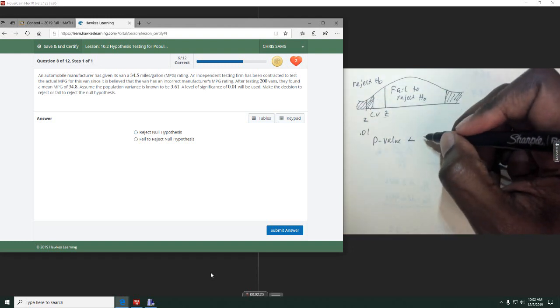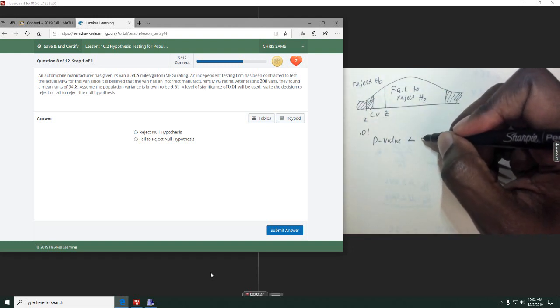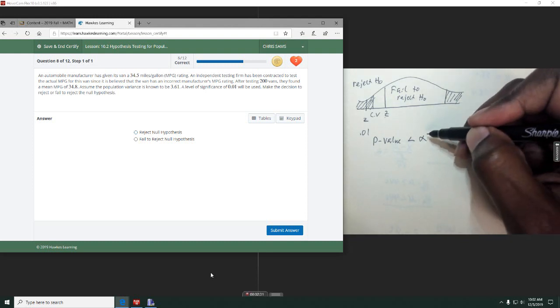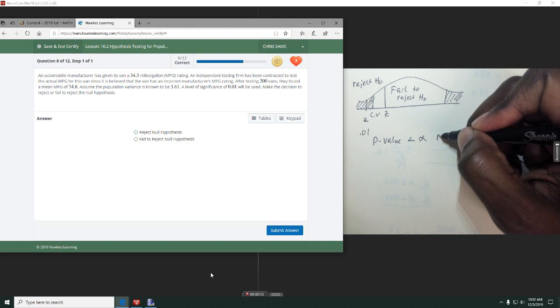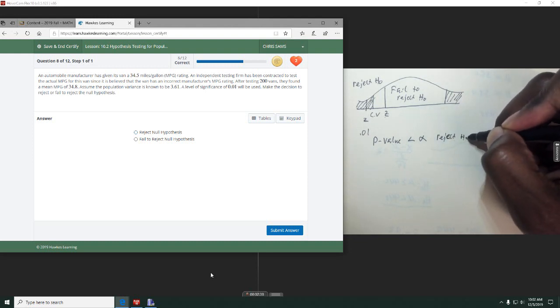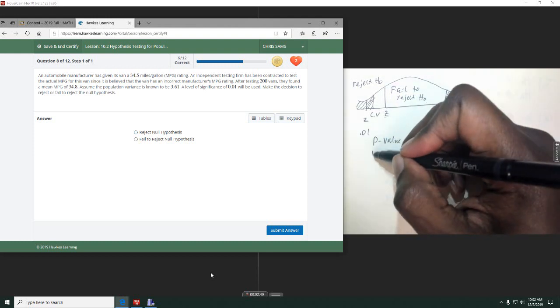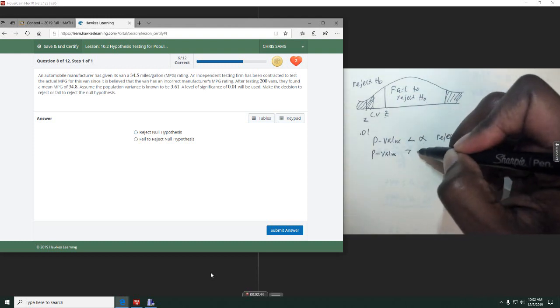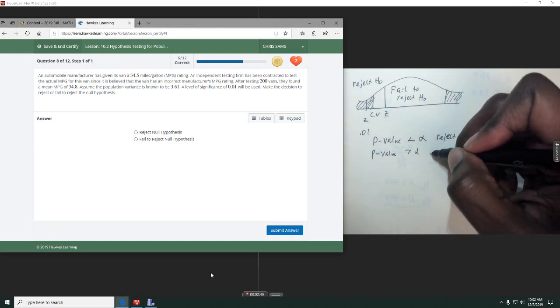So if p-value is less than alpha, so that's what we really call it, alpha, then we reject H0, reject the null, and if p-value is greater than alpha, you fail to reject.